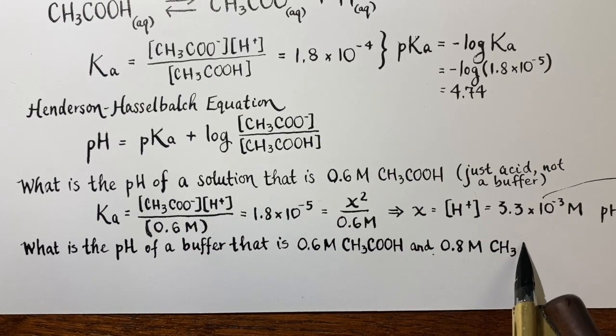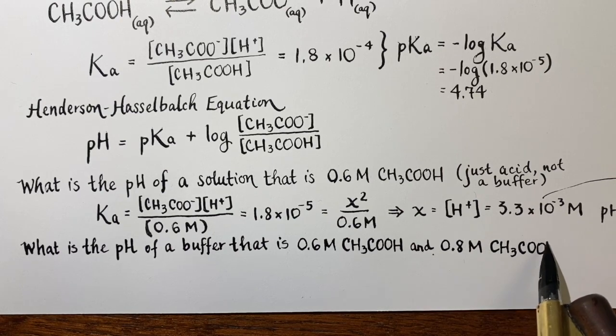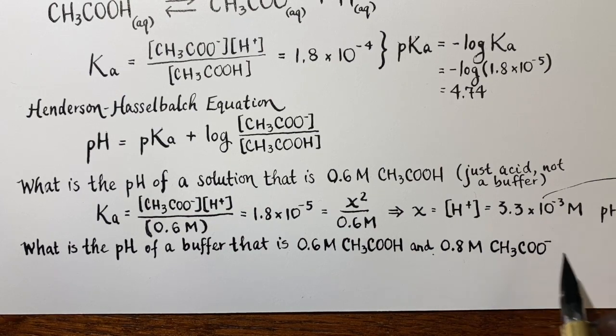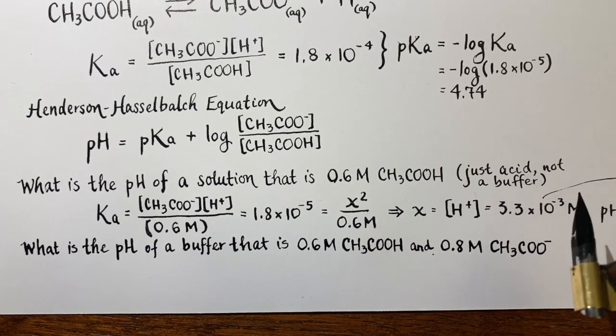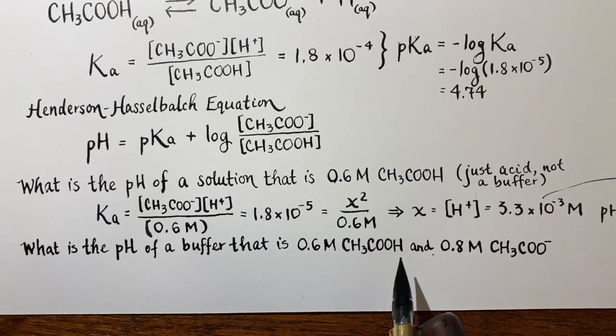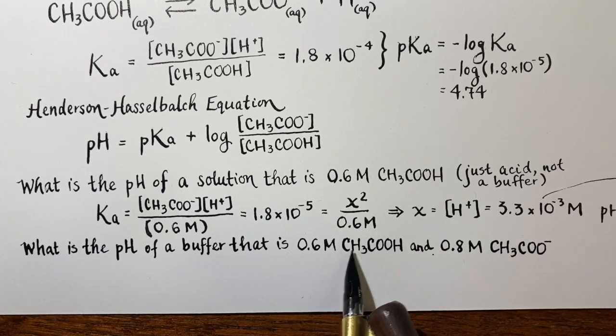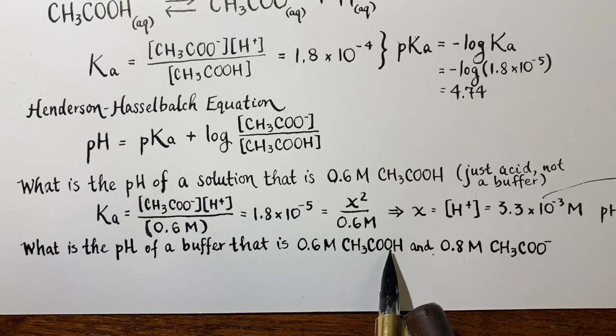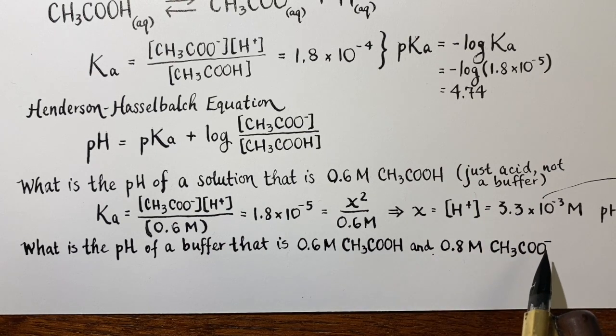Now the origin of the acetate is probably like sodium acetate or something like that, a salt that's been dissolved in there. You can also titrate into acetic acid to cause acetate to be formed.